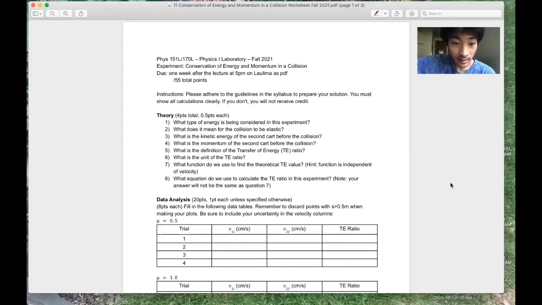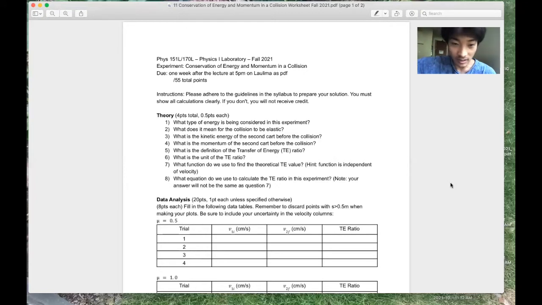Number 8, what equation do we use to calculate the TE ratio in this experiment? So this one is actually asking which of the equations, so remember there's two equations that we can use to get the TE, and which of these two equations are we plugging our data into?